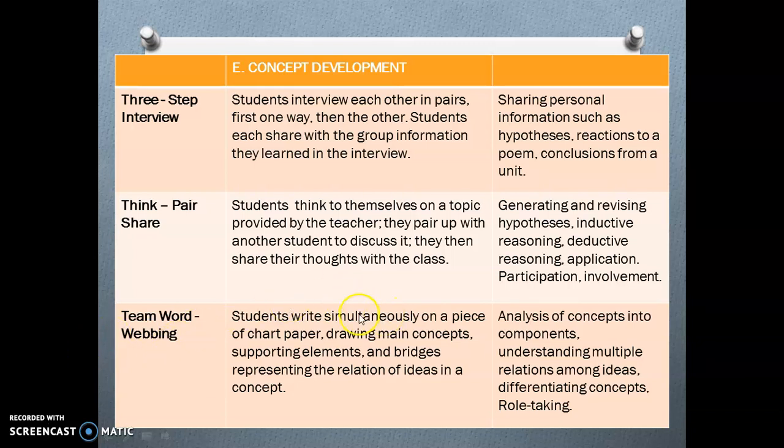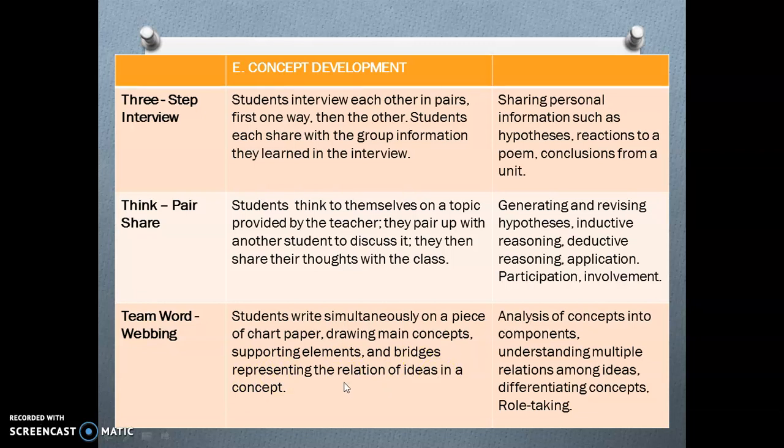Okay, so we also have here the team word webbing. So students write, this is specifically for English subject, but hindi naman siya science kasi meron di ba mga connecting words sa science, especially if your class is on systems, body systems, like the reproductive system, the nervous system, the circulatory system, the respiratory system. So students write simultaneously on a piece of chart paper, drawing main concepts, supporting elements, and bridges representing the relation of ideas in a concept.